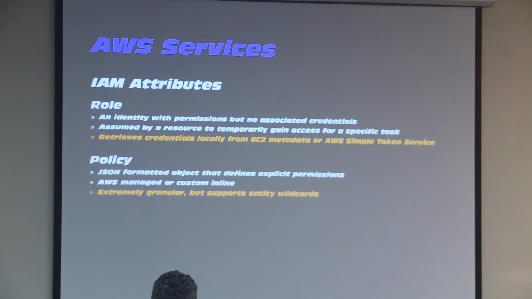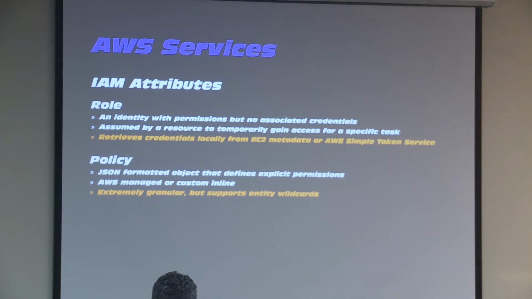So the policies are kind of a double-edged sword, and we'll get to that here in a sec too. It's a JSON formatted object that explicitly defines permissions, because AWS has a deny-by-default security policy for IAM. They give you several different ways. They have AWS managed policies, predefined templates that you can use, or you can go in and define your own with inline policies.